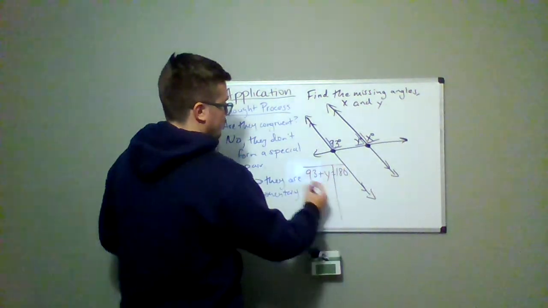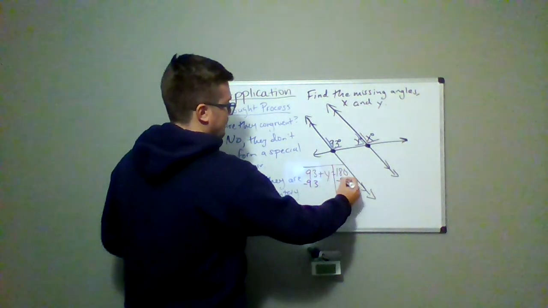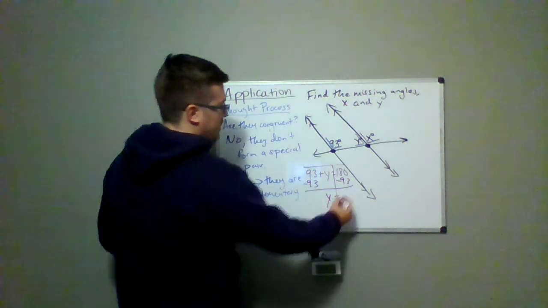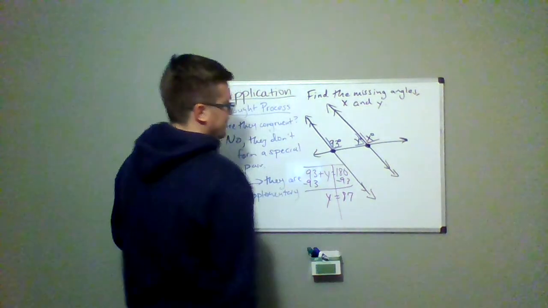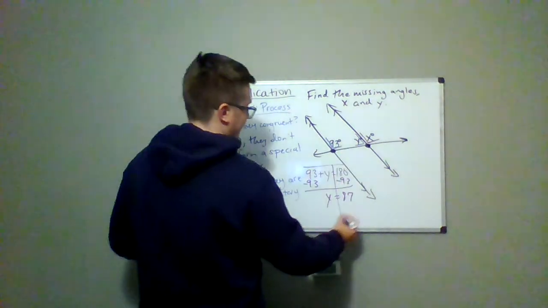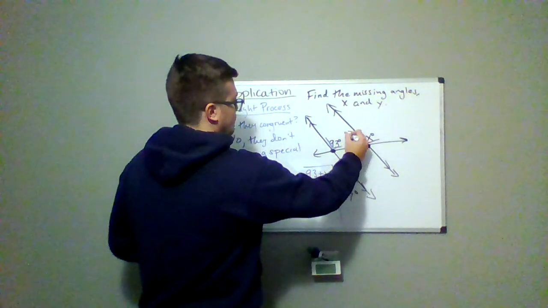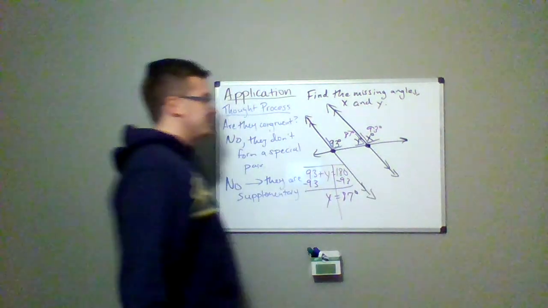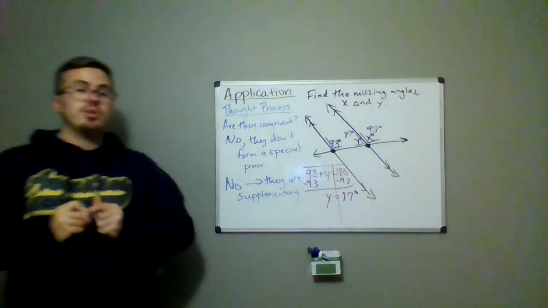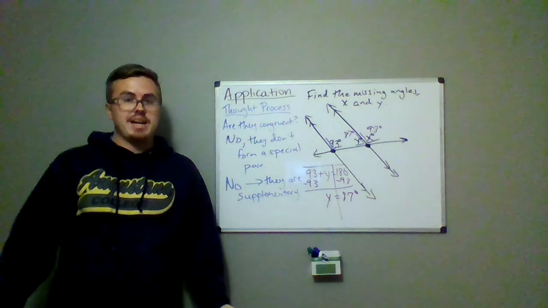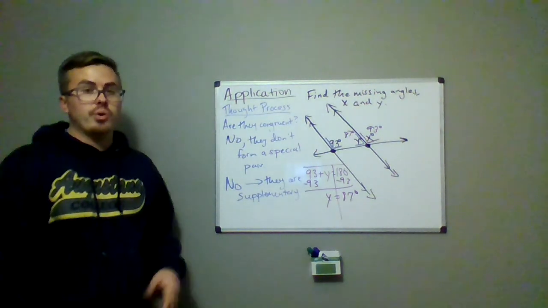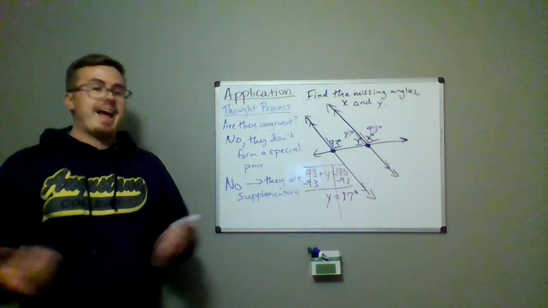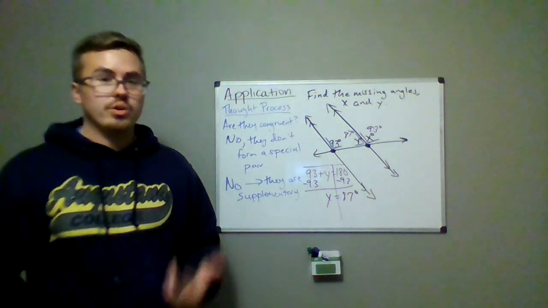Make my t-chart, subtract 93, and y is equal to 87. So y is 87 degrees. This one was 87, and this one was 93 degrees. So if they're congruent, great, they're exactly the same. If they're not congruent, then they must be supplementary, meaning that when you add them up, they add up to 180 degrees.